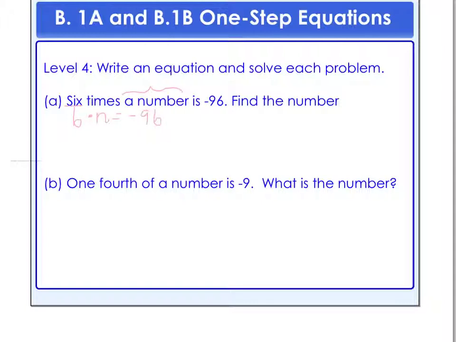So another way to write this would be 6n equals negative 96. Since the 6 is connected to the n by multiplication, we undo that using division. We'll divide by 6 on both sides, and negative 96 divided by 6 is going to give us negative 16. So n equals negative 16. We're going to try it. Does 6 times negative 16 equal negative 96? And it does.